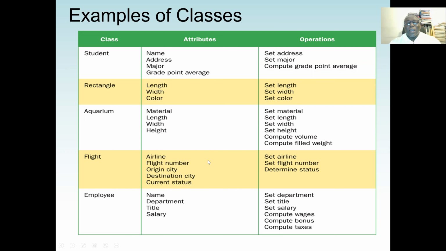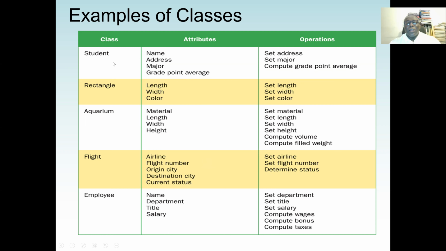So we normally say the class is the blueprint of an object. When we declare a class, it's more or less like we have an architect who designs a building, a blueprint of the building. Then based on the design, he can build as many houses as he wants. The same here, I can declare a class named student.